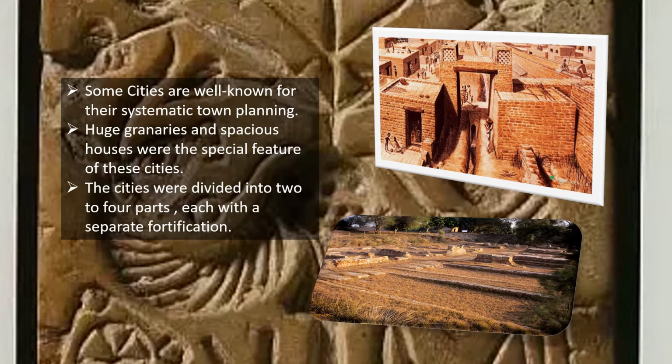There were bathrooms and latrines in every house and a covered drainage system, which indicates a concern for public hygiene. There were carefully constructed private and public wells. The cities were divided into two parts, each with a separate fortification.